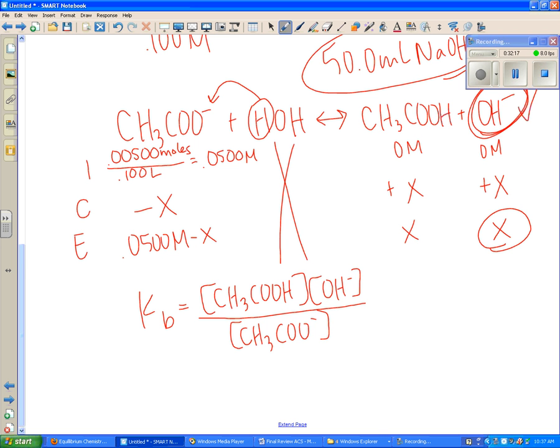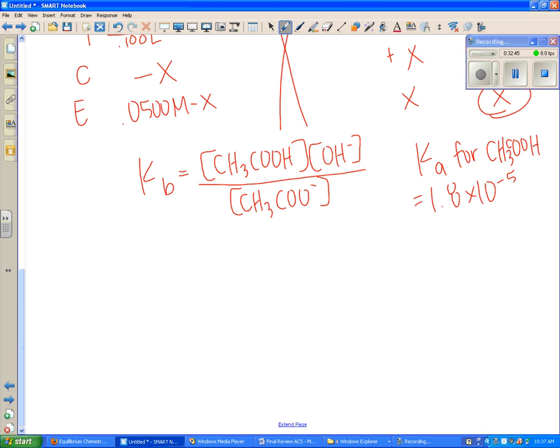What we will commonly be given is something like the Ka for acetic acid. And this is 1.8 times 10 to the minus 5th. So for this acting as an acid and producing this conjugate base, we know the Ka. What we can do is calculate Kb, because Kb times the Ka for any acid and its conjugate will always be 1 times 10 to the minus 14.